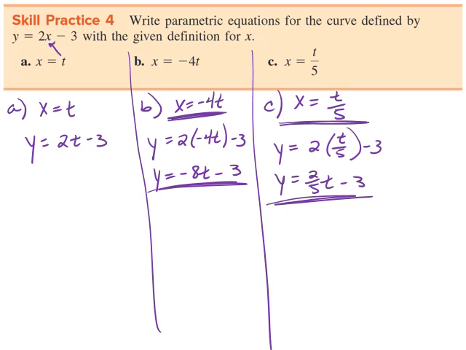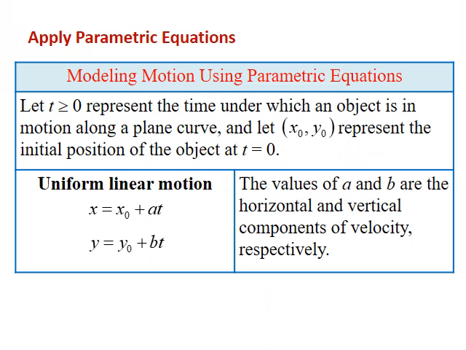Now, all of this leads to applications. Again, I mentioned this at the beginning of the video, but these parametric equations are useful in describing objects in motion. And there are really two common applications: linear motion and then projectile motion.